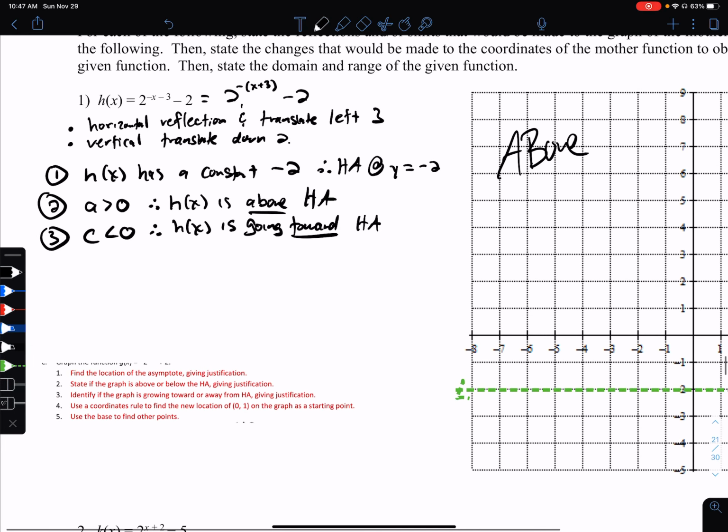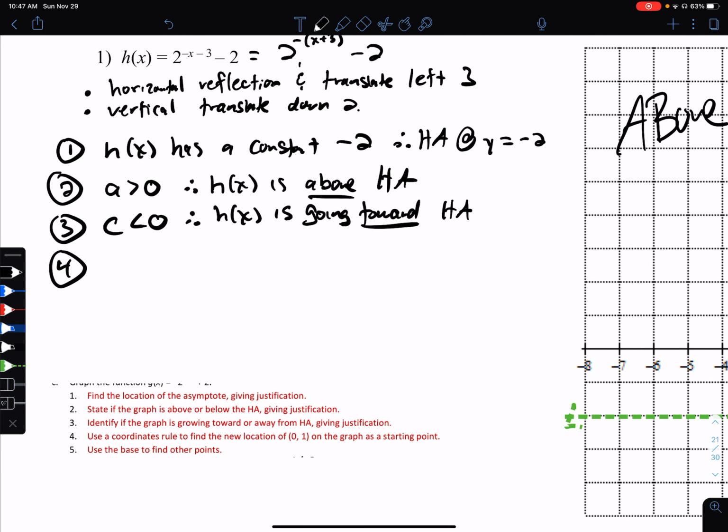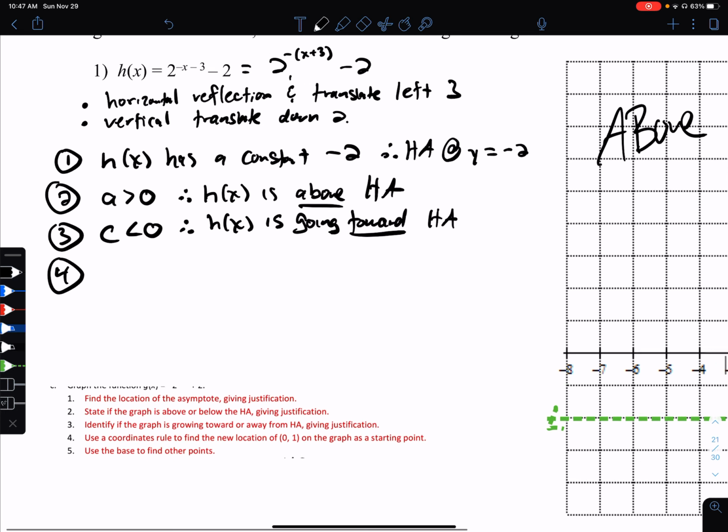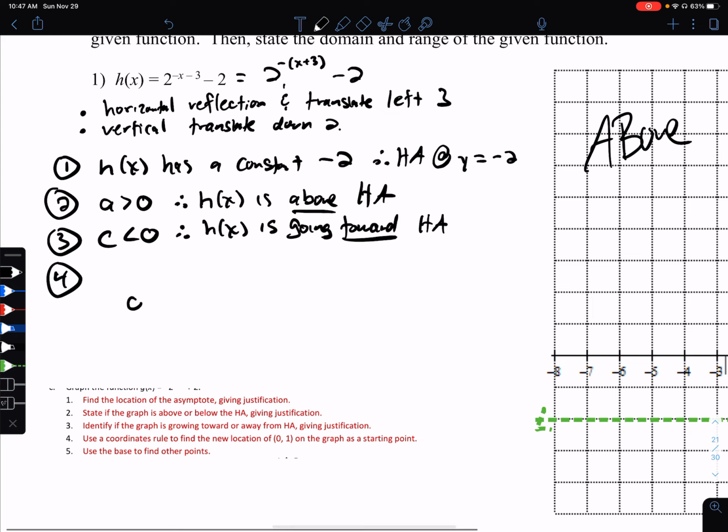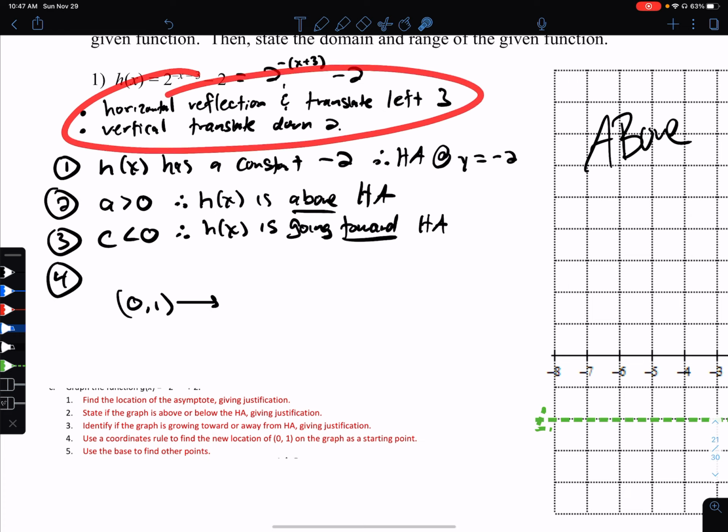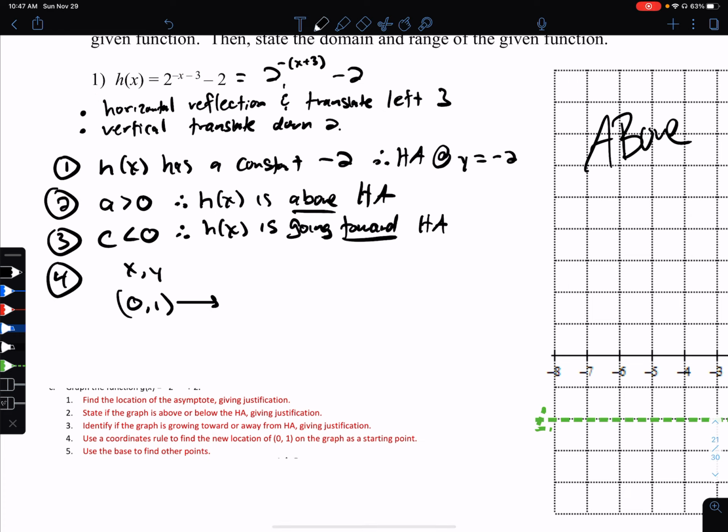And then 4, let's take the main point, (0, 1). That's the point that we've been keeping track of. Let's see where that is going to move using the coordinate rule that we can get from this stuff up here. So we got the original ordered pair. Horizontal reflection means we're going to change the sign of x.